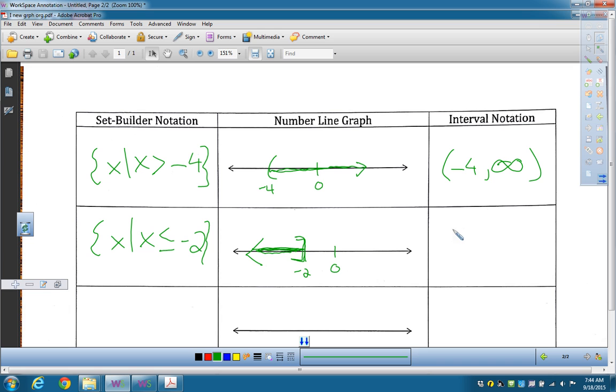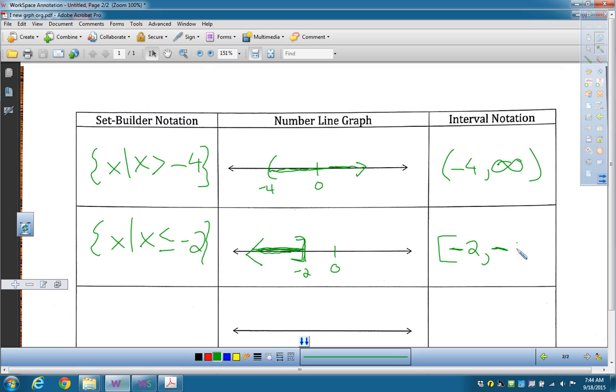In interval notation, where would it start? It starts at negative, I messed up again. That would be a square bracket in this case. And this interval notation is the same no matter what way you've learned it. So it's -2, square bracket, up to infinity, or negative infinity.